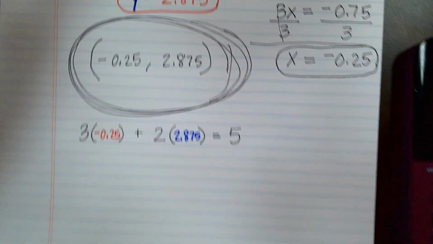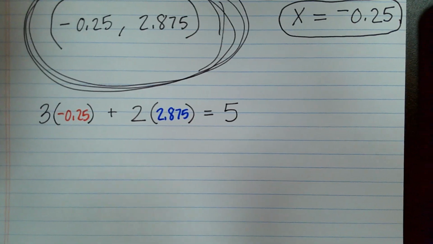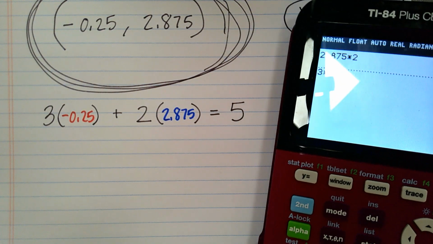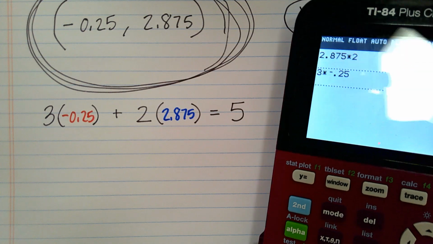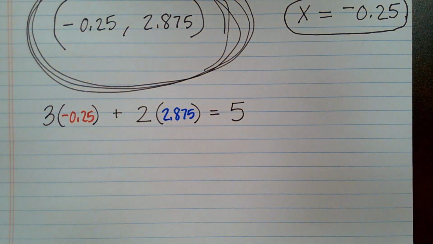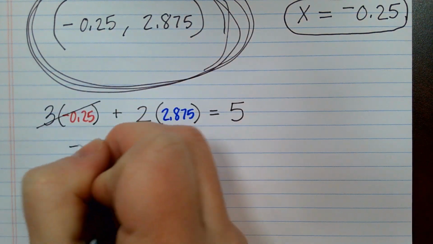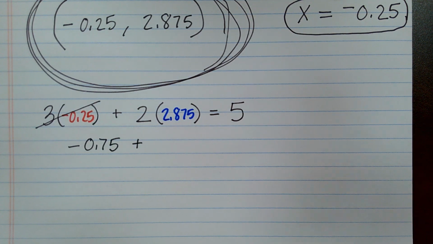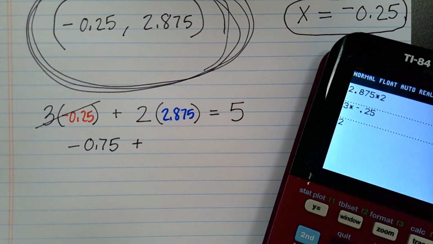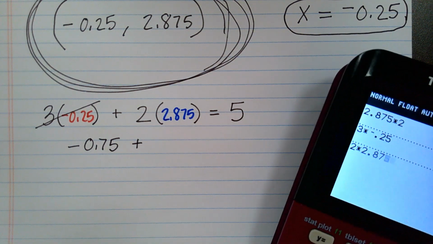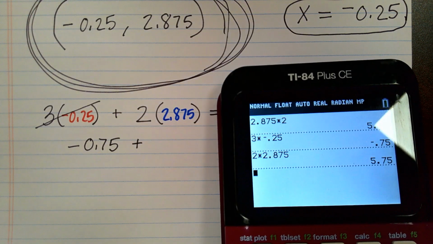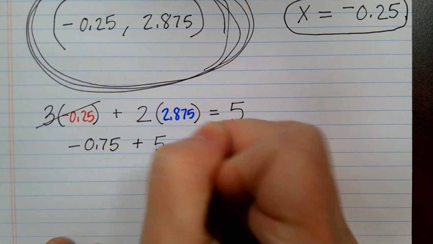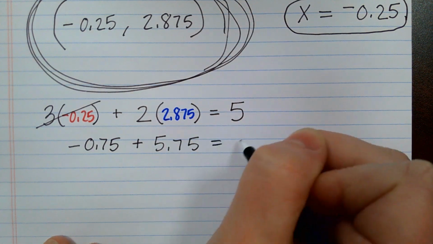Okay. Let's see. So 3 times negative 0.25 is negative 0.75, plus 2 times 2.875 is 5.75, equals 5.